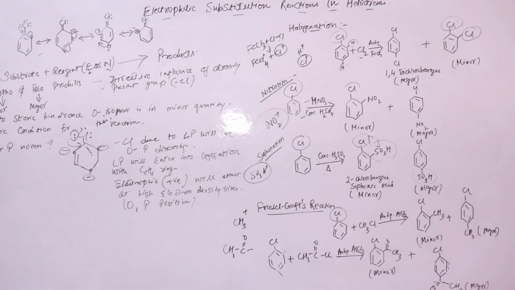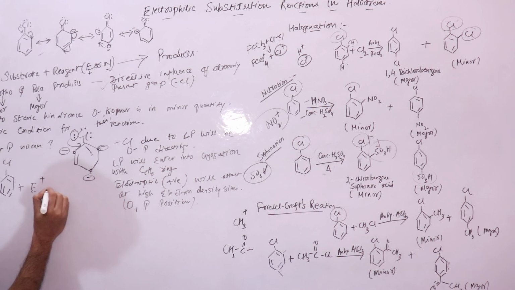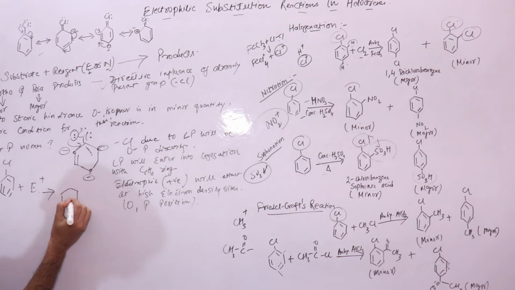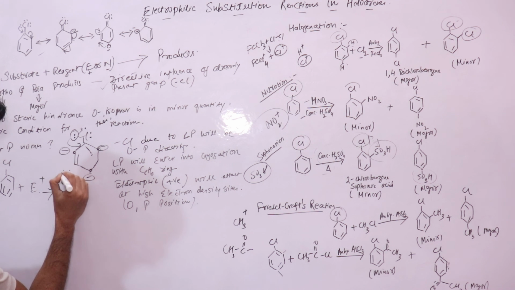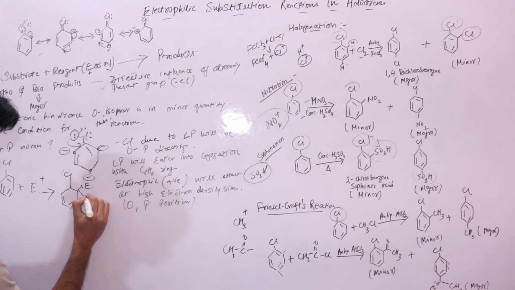Now let's just look at one thing. If you look at this reaction, this is your chlorobenzene, right? When an electrophile approaches it, it will form a carbocation like this. E stands for electrophile, any electrophile in this case.